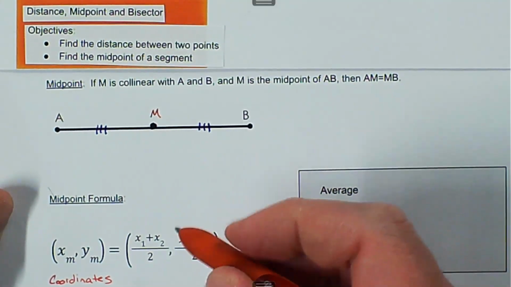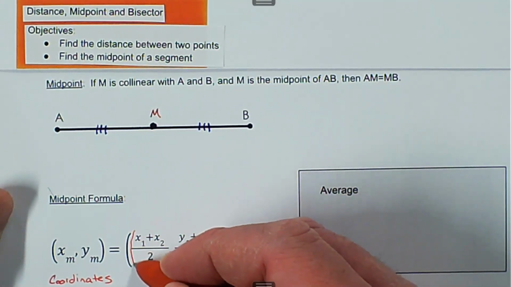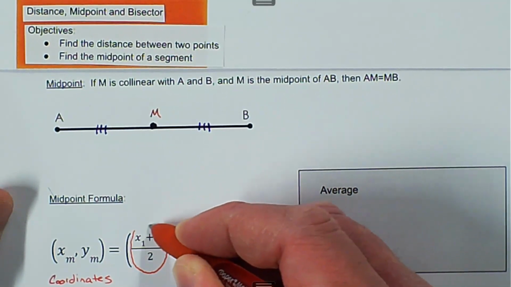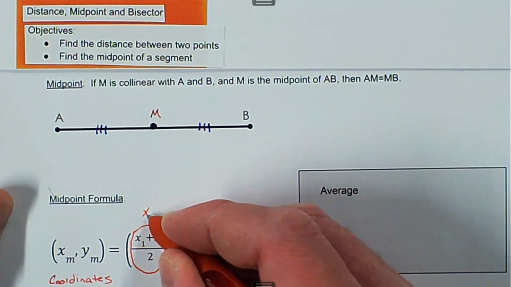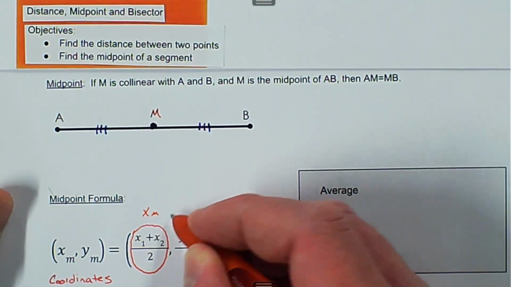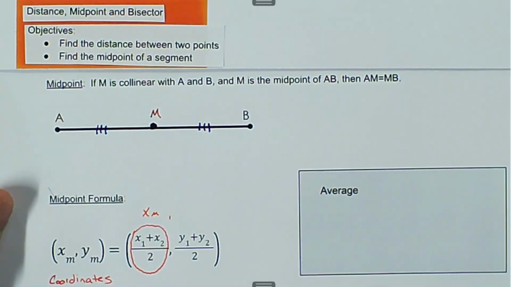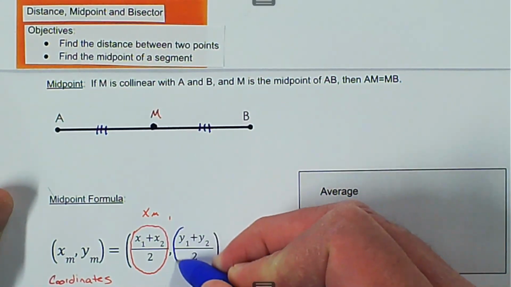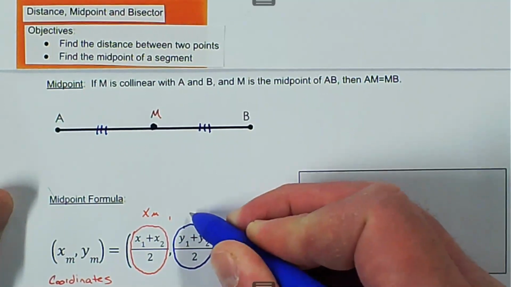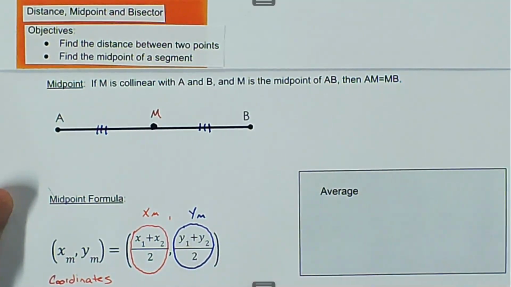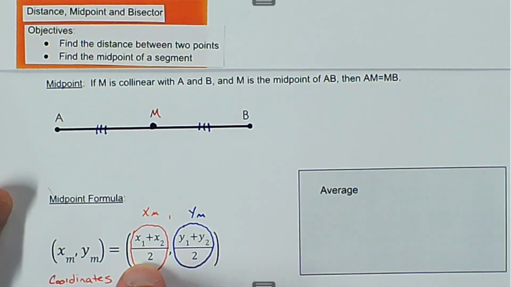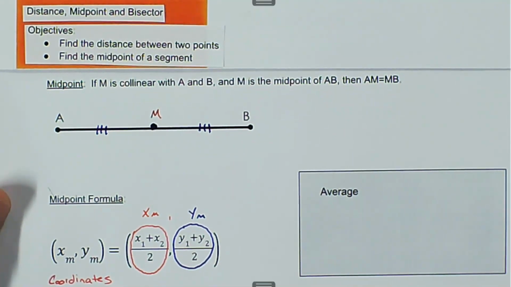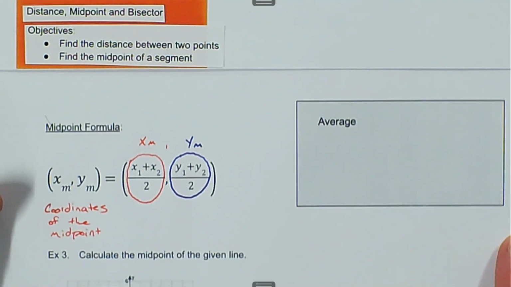As you can see, we have X sub 1 plus X sub 2 divided by 2. That's going to be our X sub M. And then we have Y sub 1 plus Y sub 2 divided by 2. That is going to be our Y sub M, or our Y midpoint. Even though these are written in one line like this, we solve the two things separately.